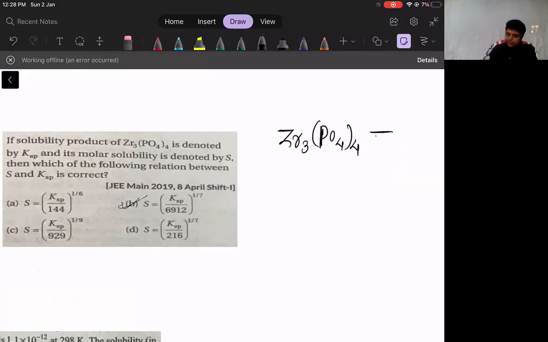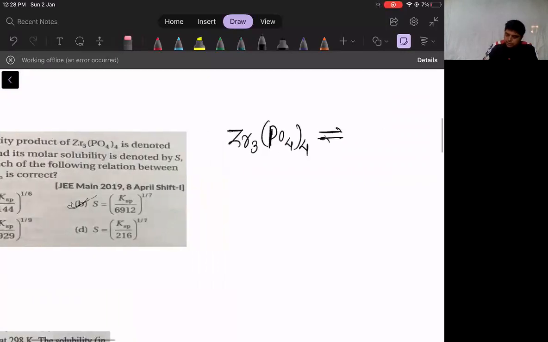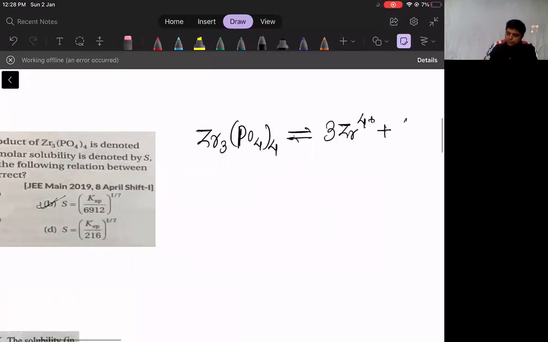So how will this dissociate? This will dissociate into 3 zirconium Zr4+ ions plus 4 PO4 3- ions, right?